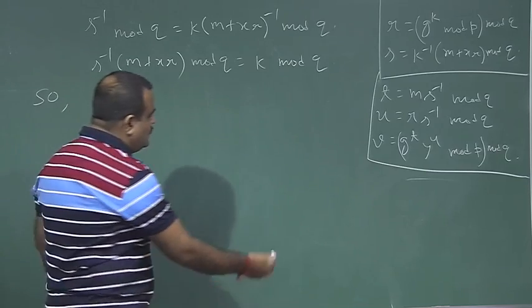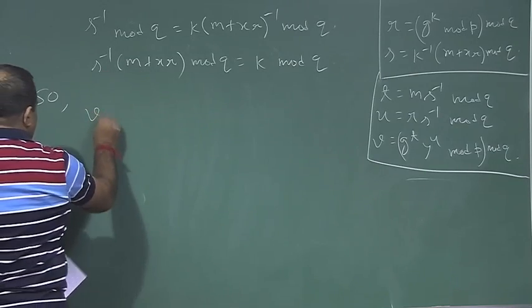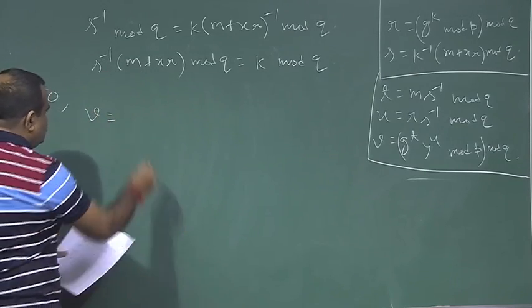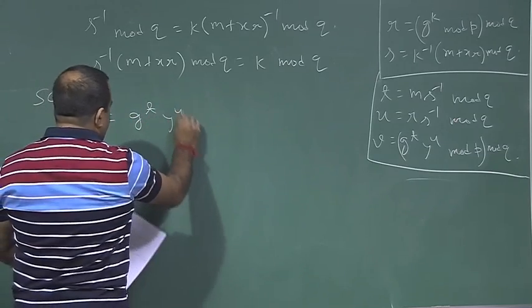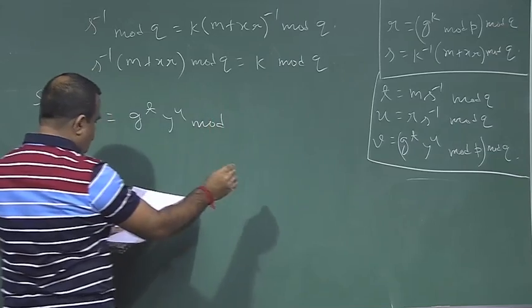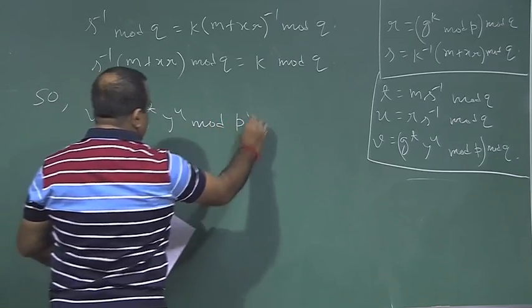So V is basically g to the power t, y to the power u, mod p and then mod q.